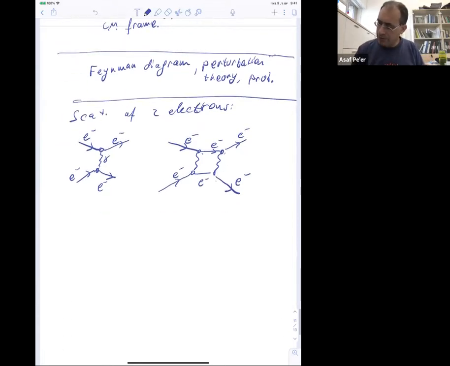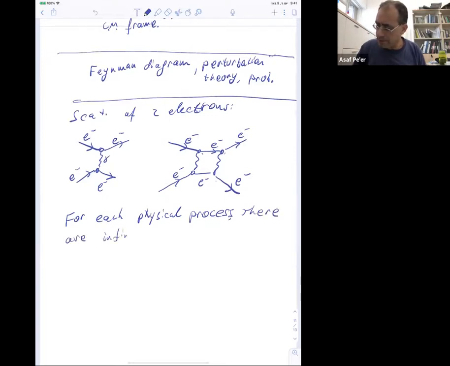So let me just write it down. For each physical process, there are infinitely many diagrams that describe it.